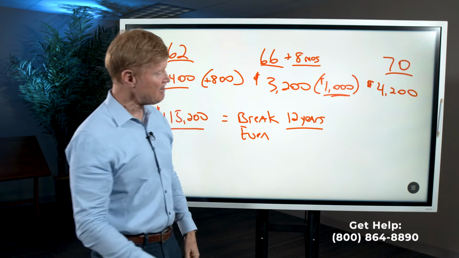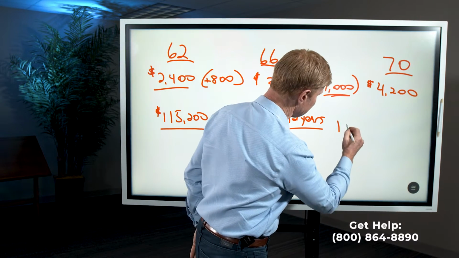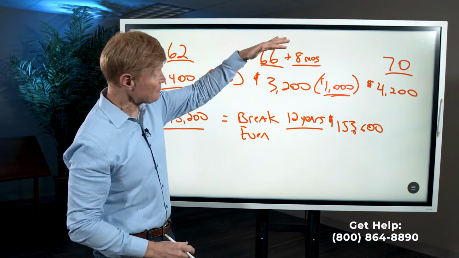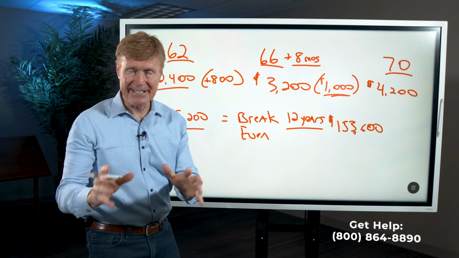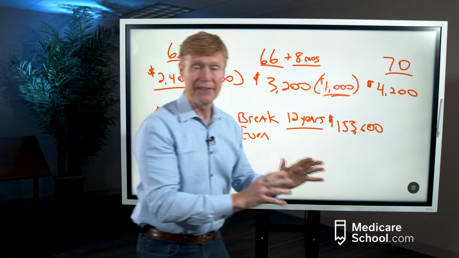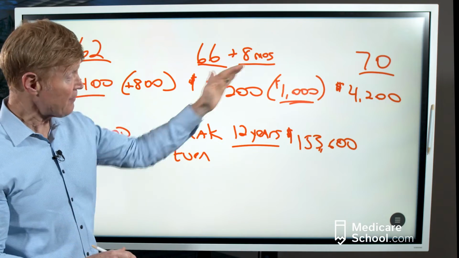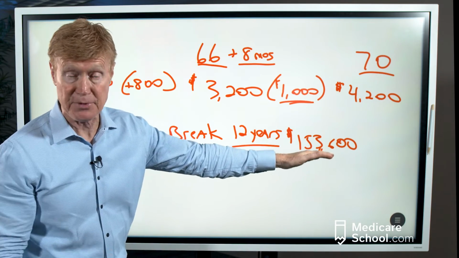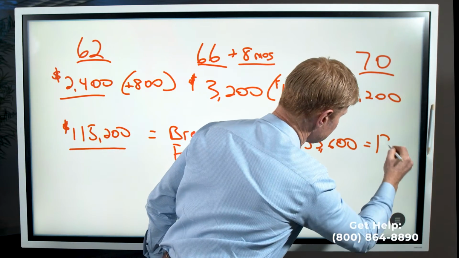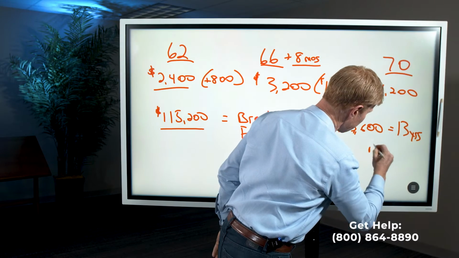And so again, I did the math in advance, and that is $153,600 in cash flow that I could have had I taken it at full retirement age, but I laid that aside so I could grow my account now $1,000. And so when I put the $1,000 into $153,600, now that break-even is going to be 13 years.